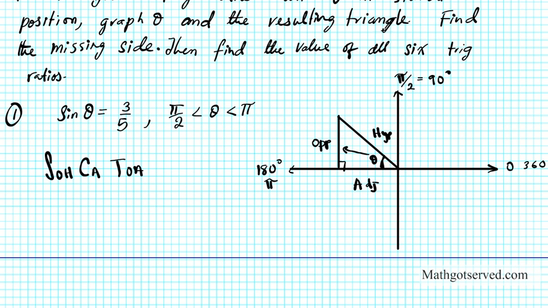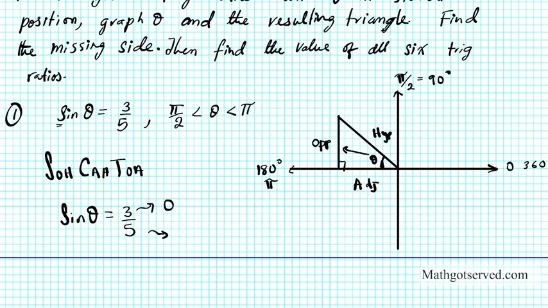Now, from SOHCAHTOA, we know that sine is basically the opposite over the hypotenuse. So, since we're given sine theta is 3 over 5, we can confidently state that the opposite is 3, the numerator, and then the hypotenuse is 5. Now this is the hypotenuse right here.